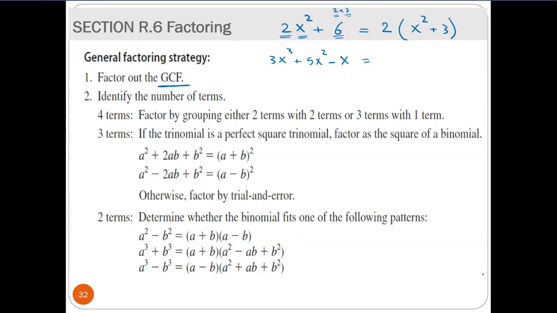We don't have any common factor between them. But we have x to the power 3, x squared, x. So the greatest common factor here, what is the value? Is it x or x squared or x to the power 3? x.